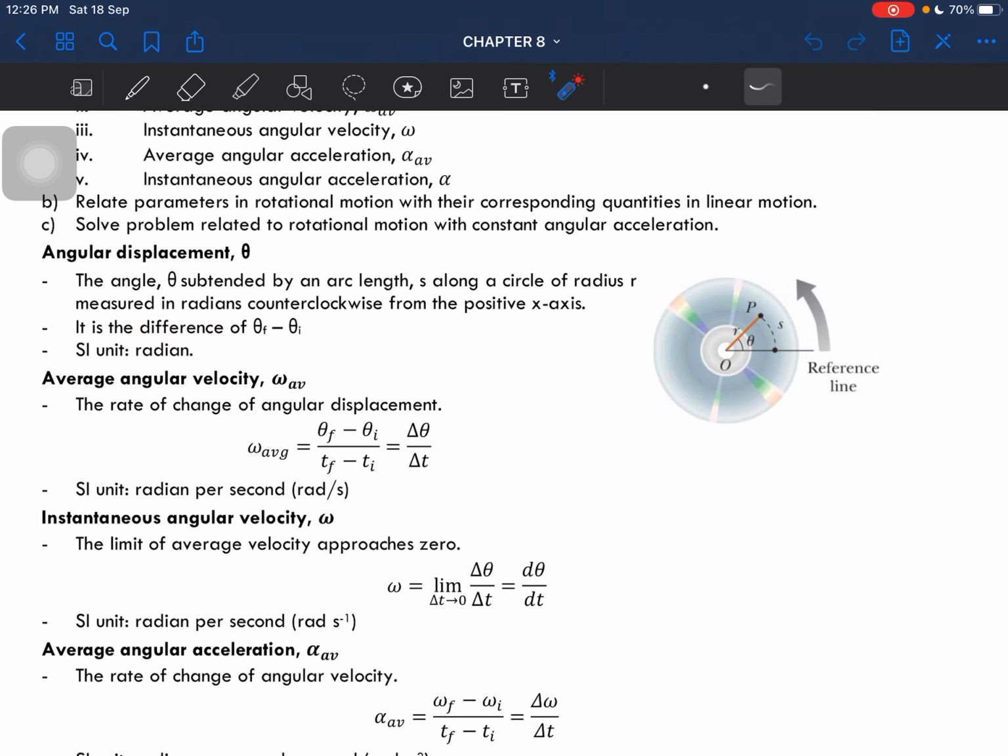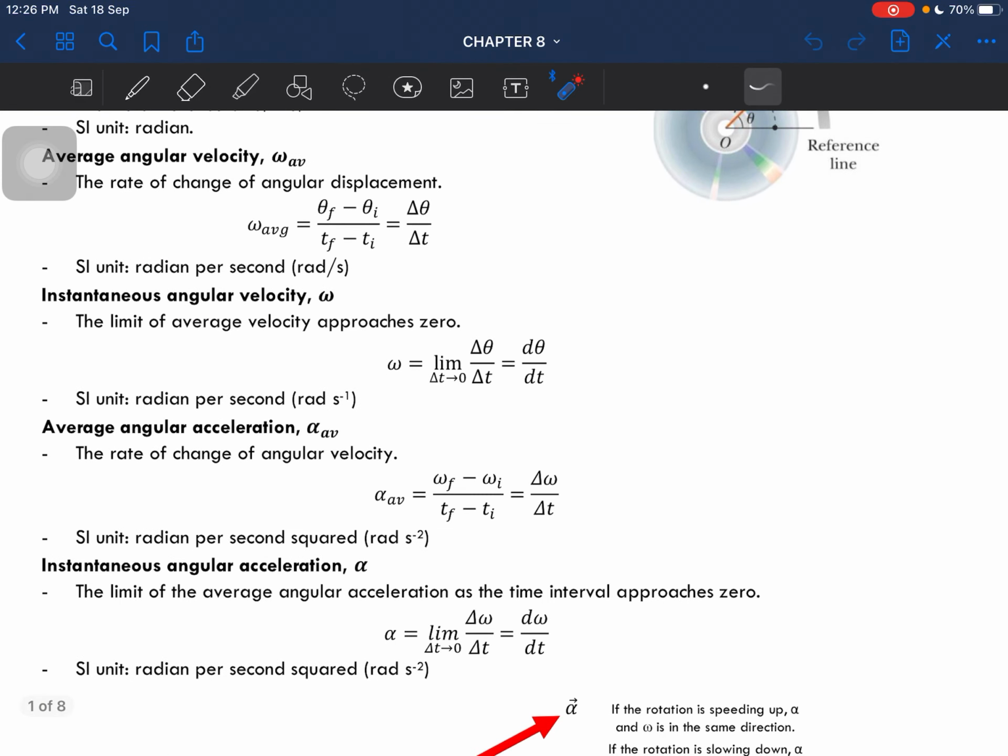The next one is average angular velocity, which is omega AV. It is defined as the rate of change of angular displacement, which is our delta theta. The formula is given here, and it has an SI unit of radian per second.